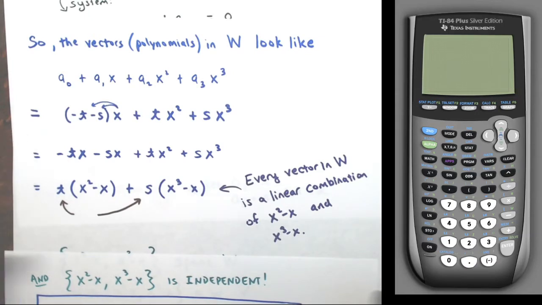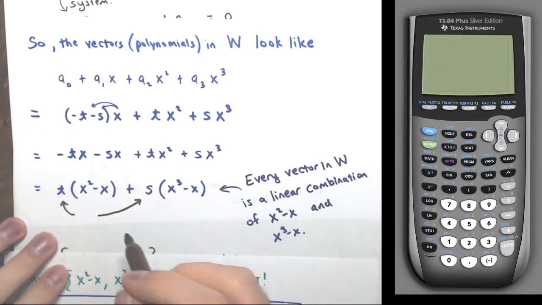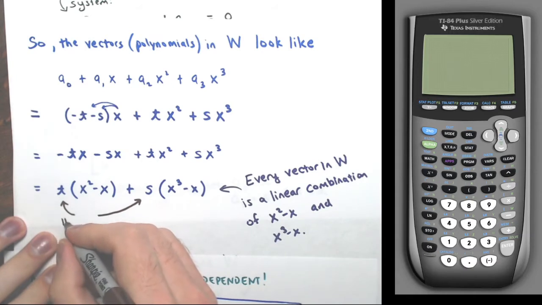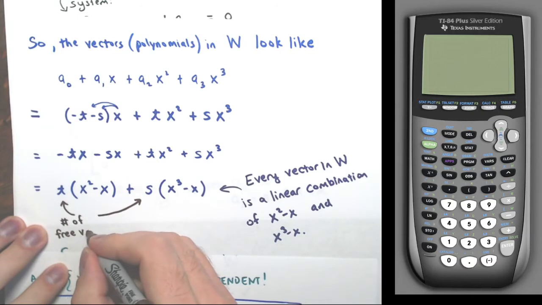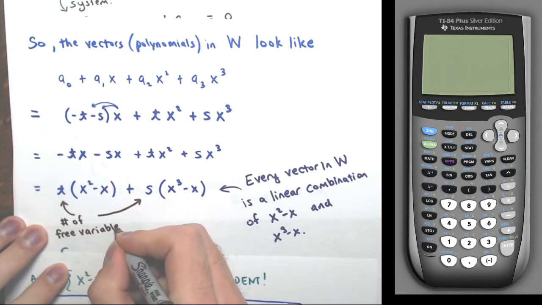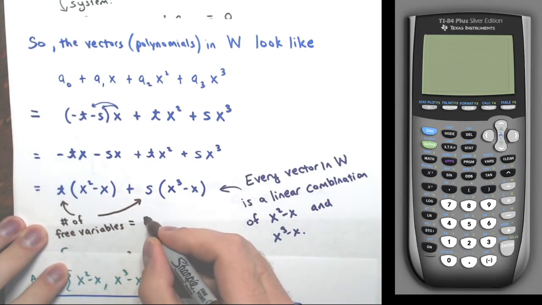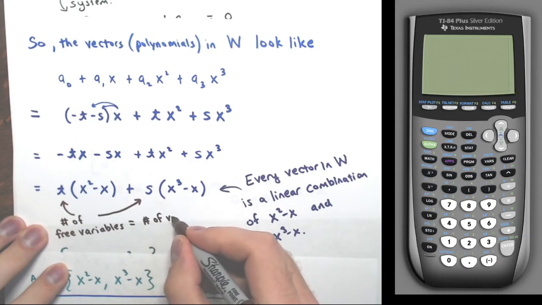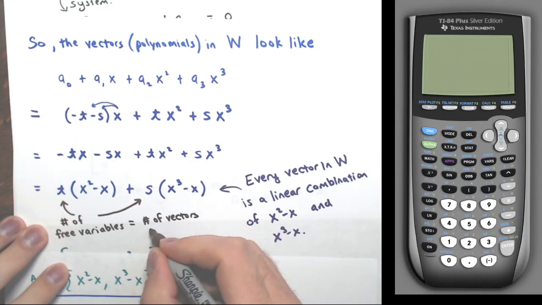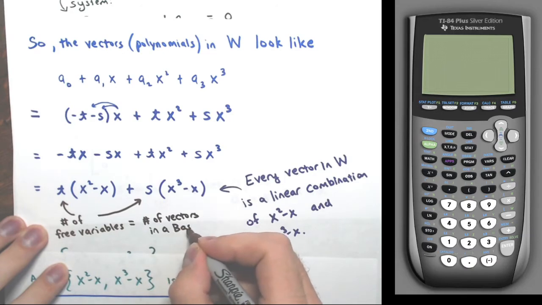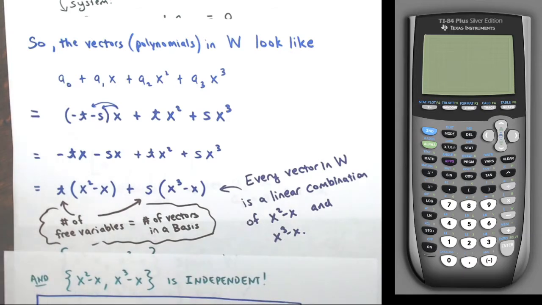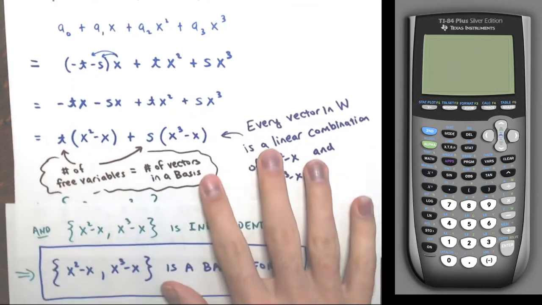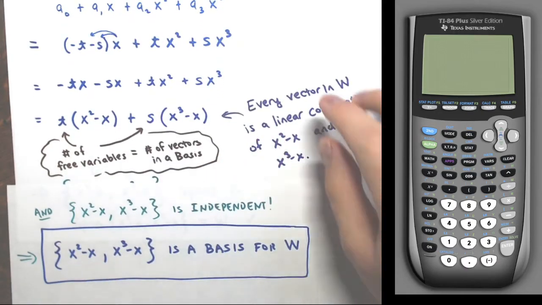You saw it here. There was another system of linear equations. And in that system, you will see that the number of free variables that shows up in that system that you eventually set up will be equal to the number of vectors in a basis. All right, so that'll be something nice to know for future examples. Right? Which we saw here, right? There are two free variables, s and t, two vectors in my basis for W.